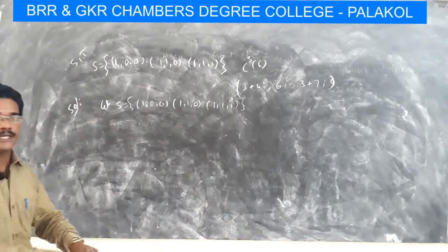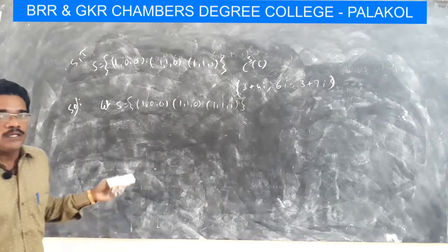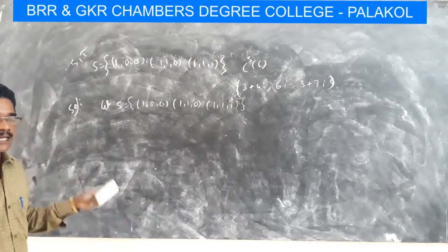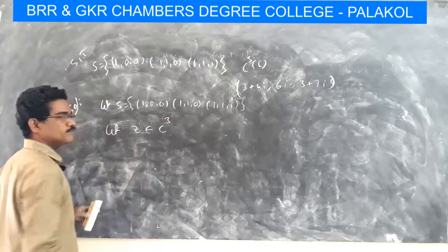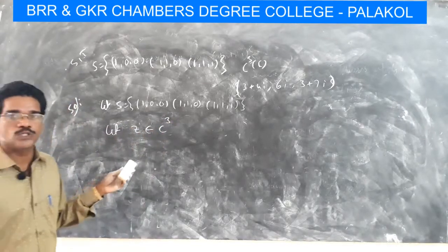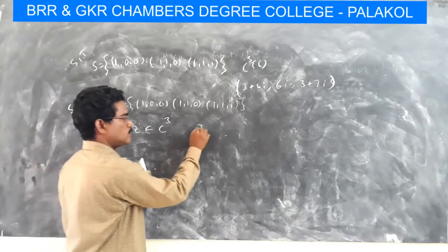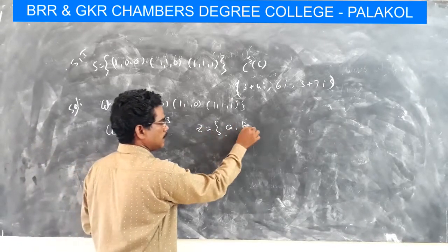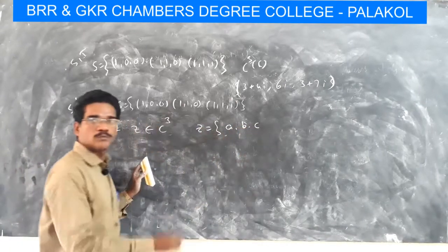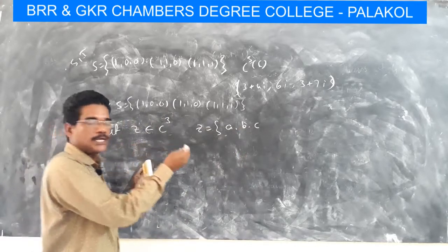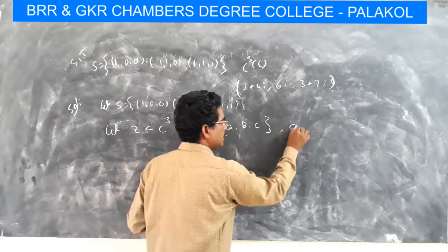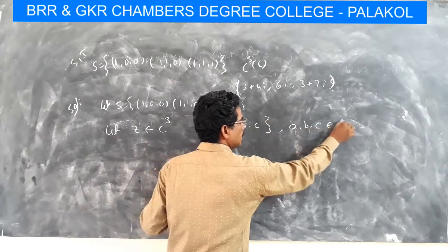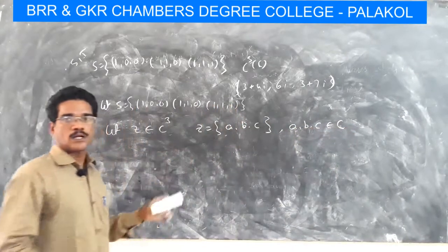Now the second condition: let the given set S be LI, and let Z belong to C cube. Suppose Z equal to (A, B, C), where A, B, C belong to C, complex numbers.